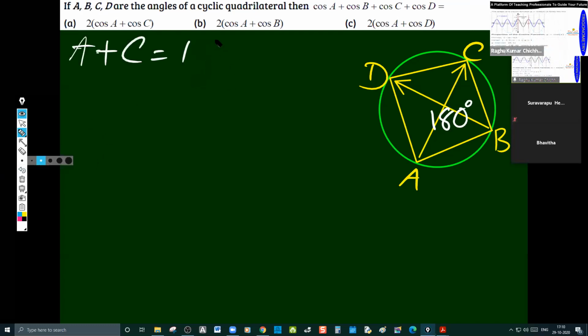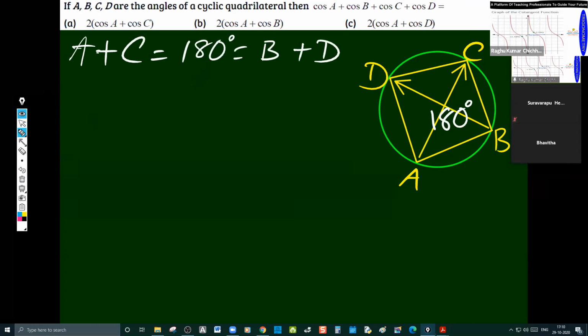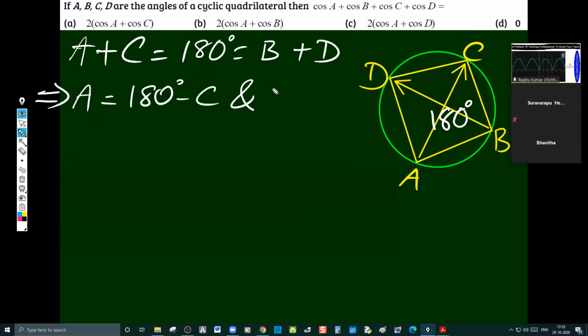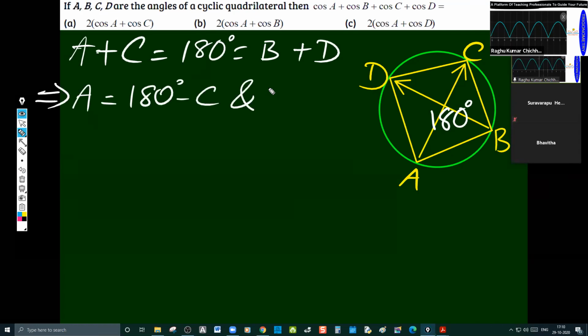That is, A plus C is equal to 180 degrees is equal to B plus D, which implies that A is equal to 180 minus C and B is equal to 180 minus D. Do you accept this, both of you?